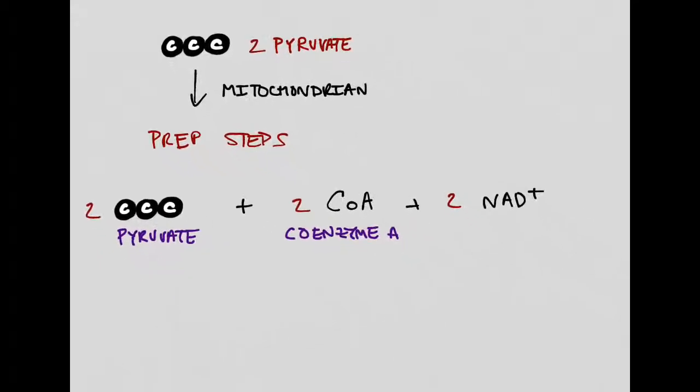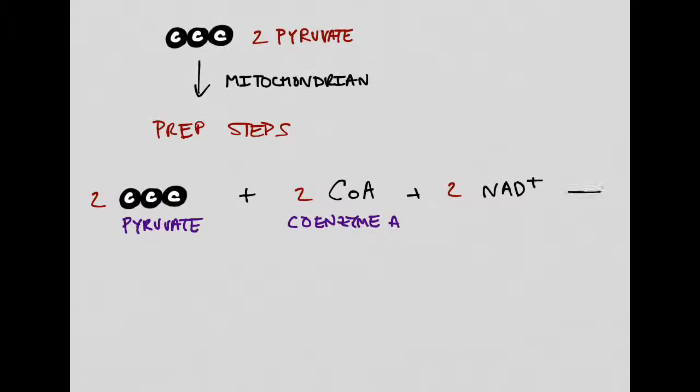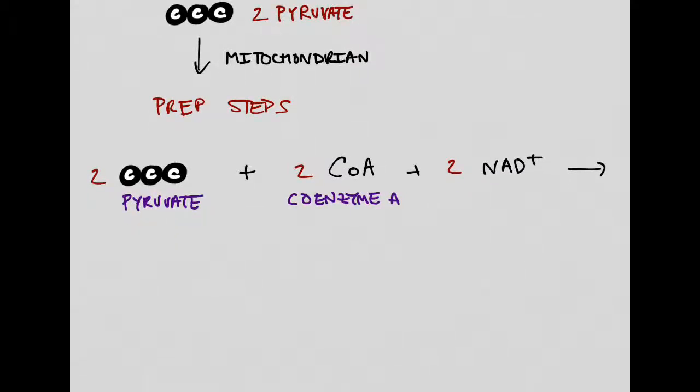These things are all going to combine in a reaction to form a molecule called acetyl-CoA, and this is a 2-carbon molecule. So we have 2 acetyl-CoA, and then we also have 2 CO2.